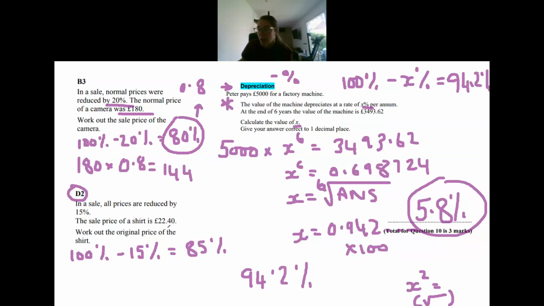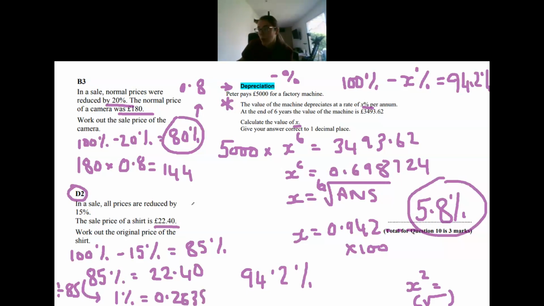The sale price is £22.40. So my sale percentage of 85% is equal to £22.40. So this is a bit like using ratios. If I've got 85%, if I can find 1%, so £22.40 divided by 85, that gives me 0.2635.